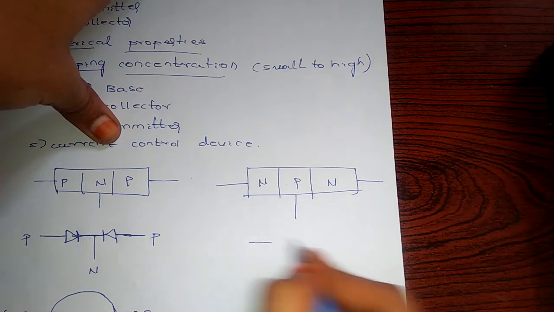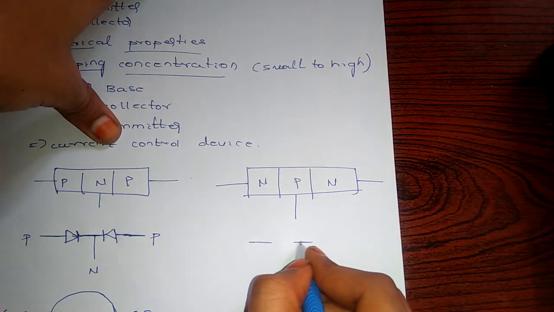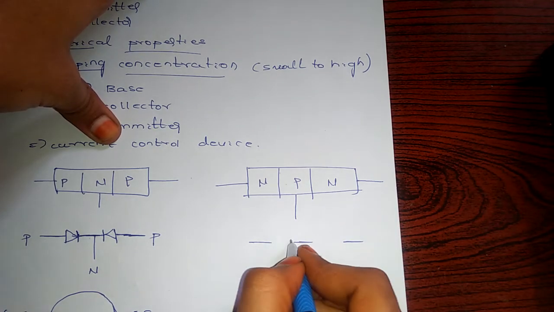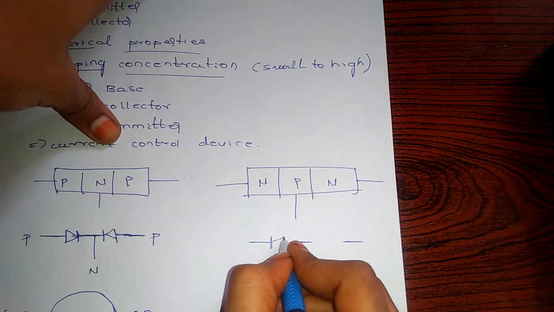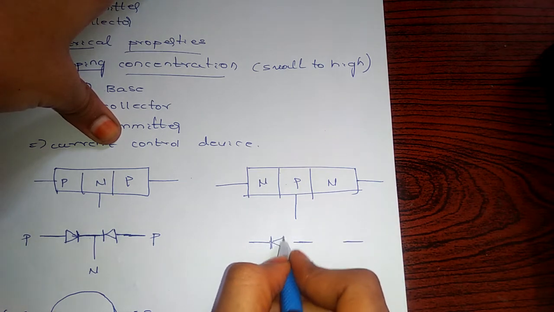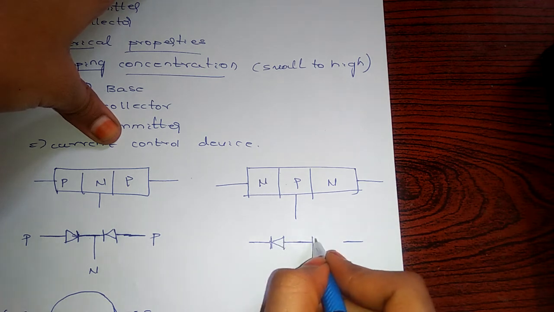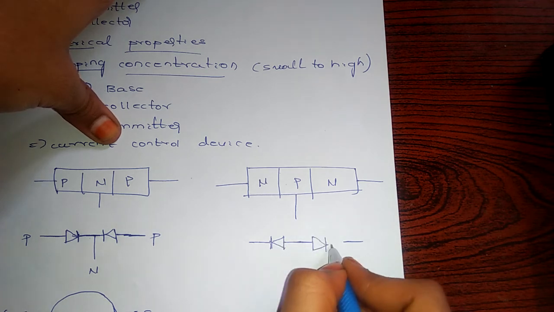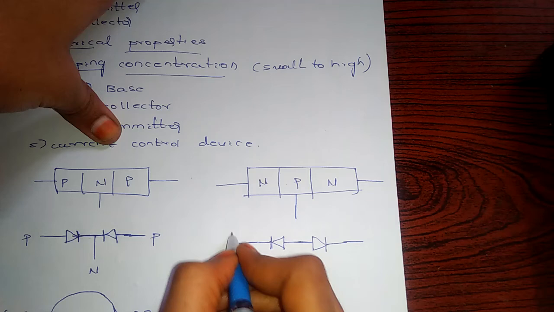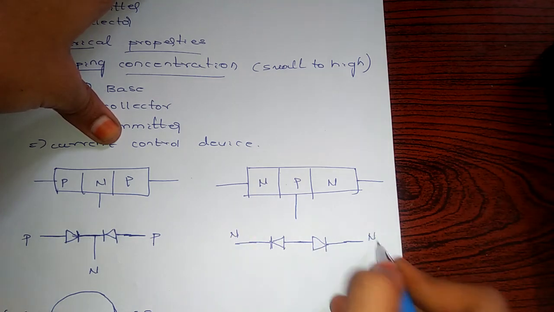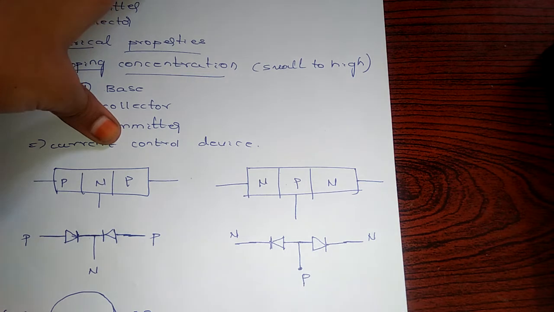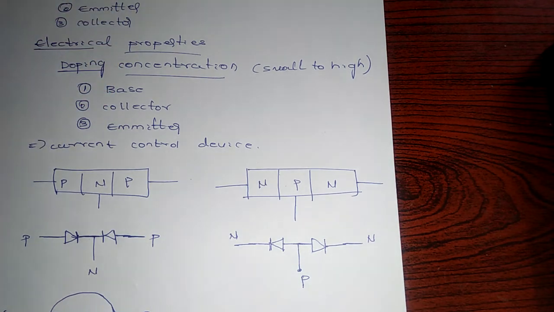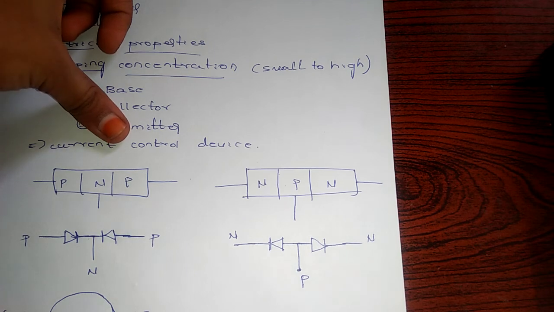Same here, N, P and N. And the schematic symbol or the circuit symbol for the NPN transistor is this.